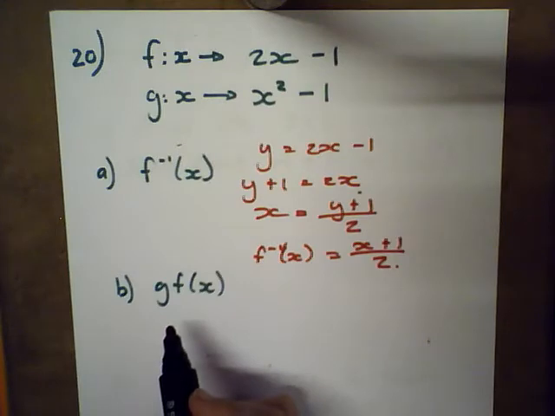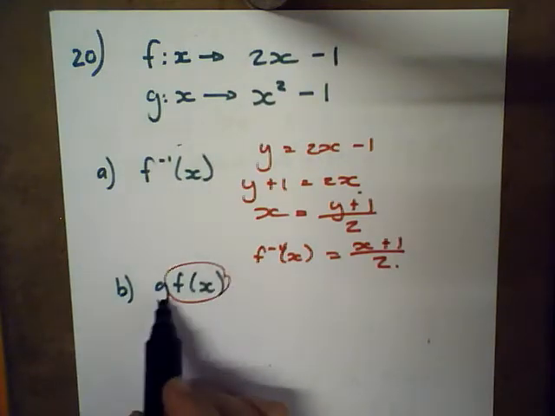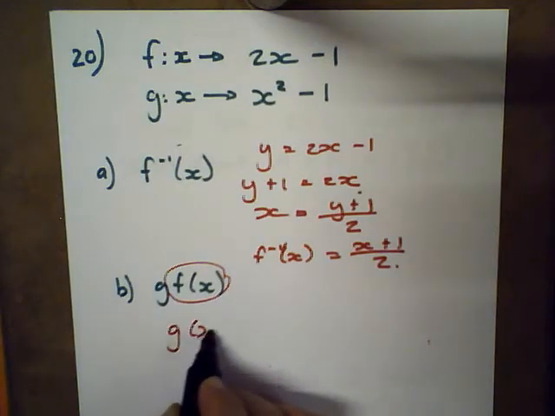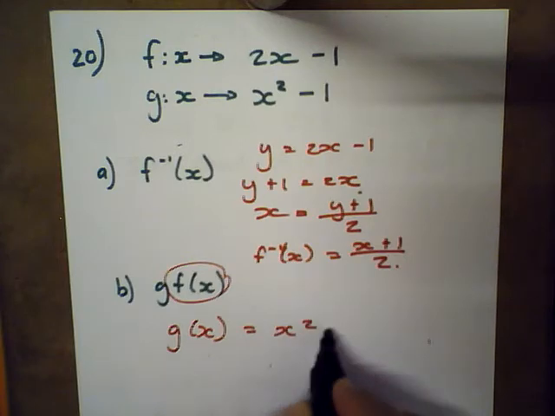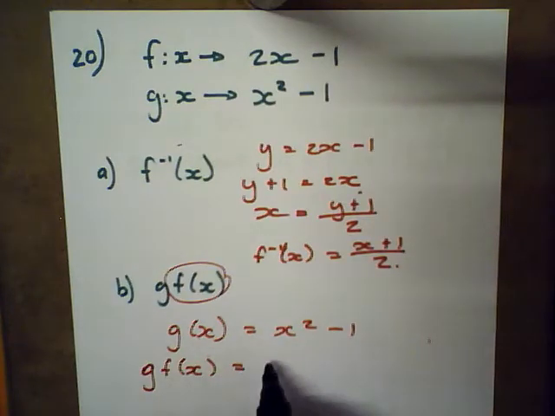The second part is they ask us to substitute f(x) into my g(x) function. It's a composite function. So I start off with g(x), that is x squared minus 1. Where there's an x, I substitute f into that slot. That would give me minus 1, and what is f(x)?